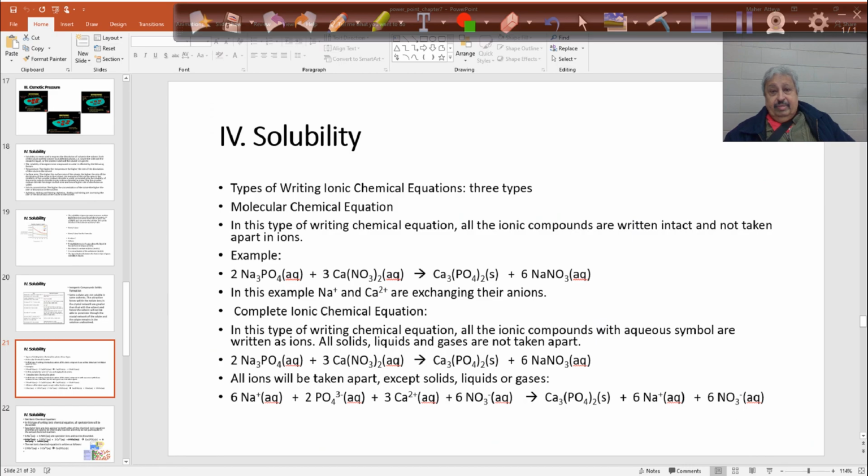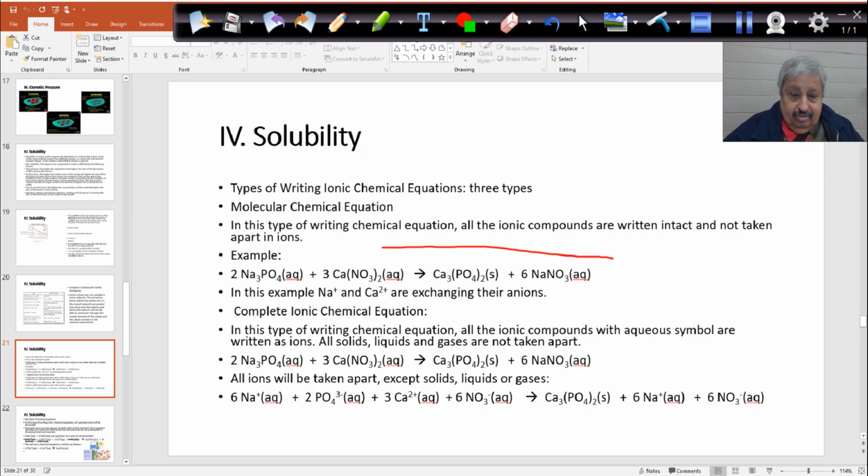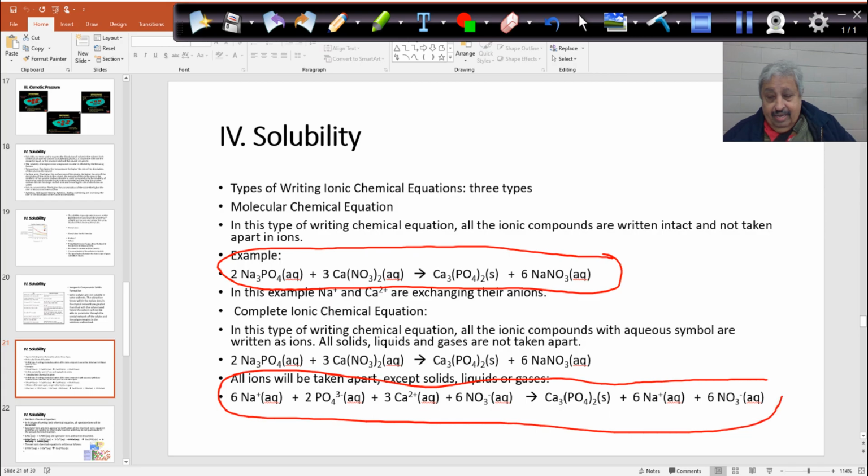Here's an example, guys. You can see they have this molecular ionic chemical equation, and then the complete ionic chemical equation where they start taking things apart. This is the complete one, and then the net.